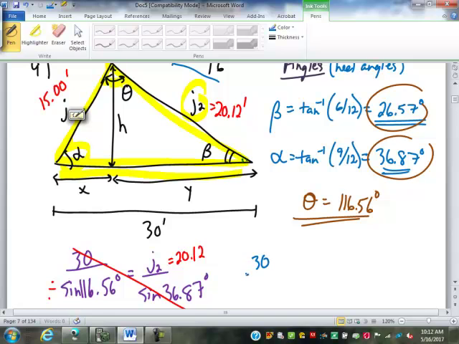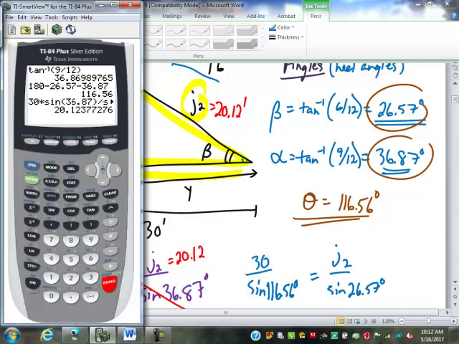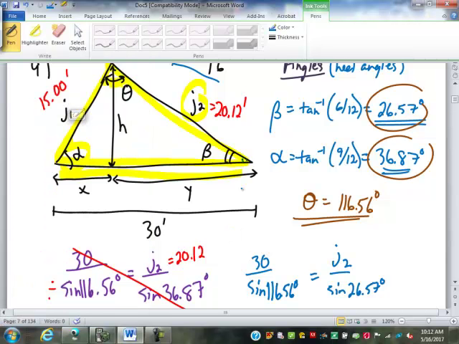So we've got 30 over the sine of 116.56 degrees equals J1 over the sine of 26.57 degrees. Oh, I did 25.57. That'll do it. Okay, so 15.00 is our winner.